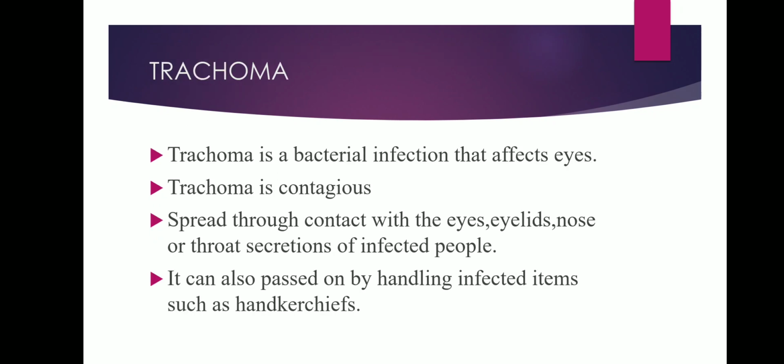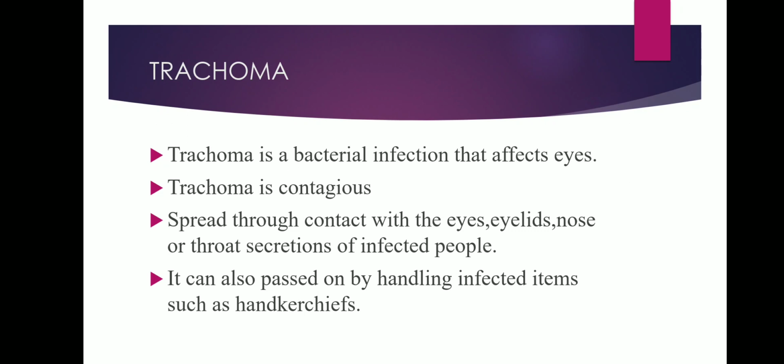After that, the second infection is called trachoma. Trachoma is also caused by Chlamydia trachomatis. It is a bacterial infection that affects the eye. It is contagious, which means it can spread easily from an infected person to a healthy person.